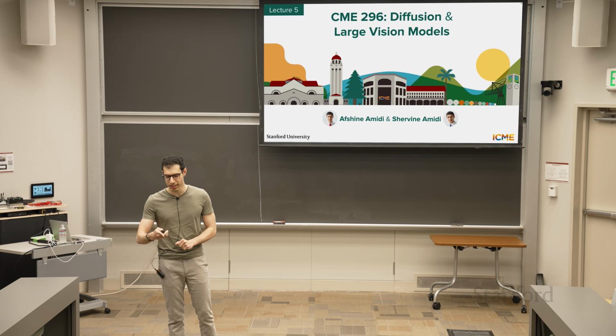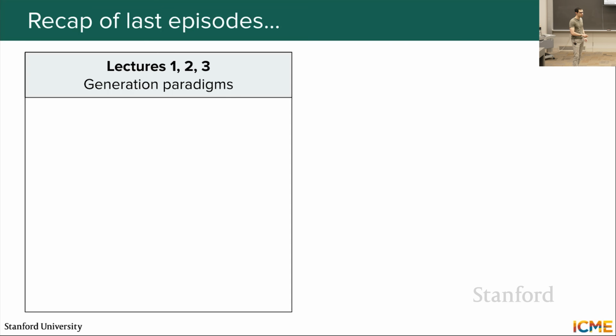So before we start, as usual, we're going to recap what we did the last times. As I mentioned, the first 3 lectures were around deriving a tractable training loss to learn how to generate images. So what we want is to be able to generate images like the one that is on the slide.